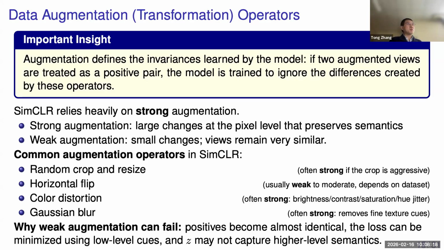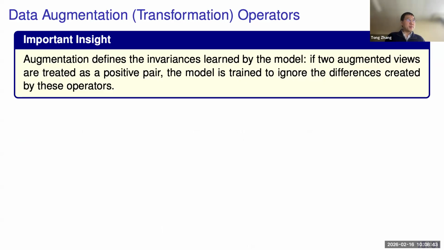You can say strong augmentation versus weak augmentation. Common augmentations are random crop, resize, flip, color distortion, and so on. Weak augmentation will be more identical, or you're adding something which is orthogonal to your data, just like noise, right? So it's not the right thing to do here.